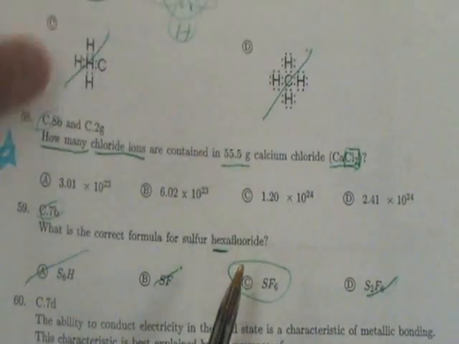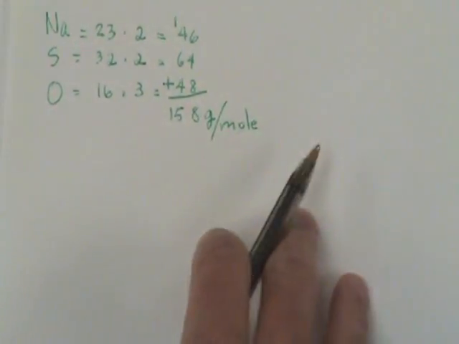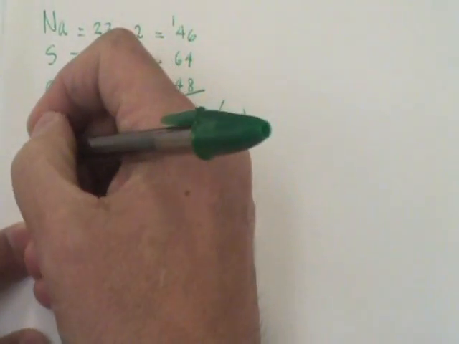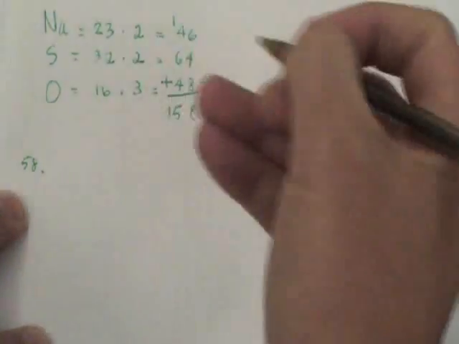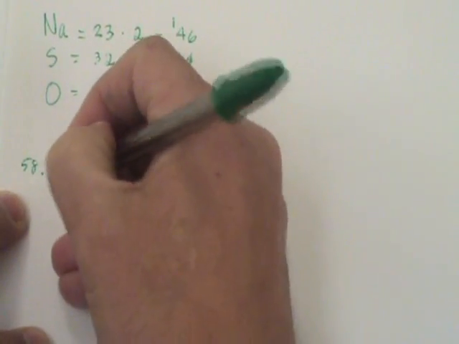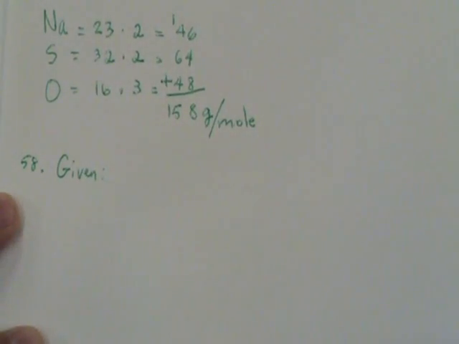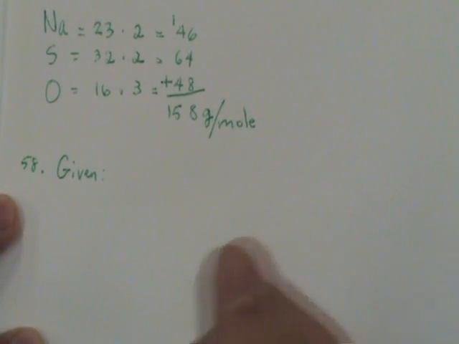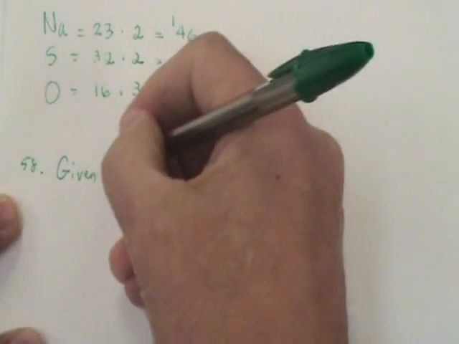Let's look here, we're looking at number 58. I'm going to write down what's given. It's important when you're working on a problem like this to use your scratch paper and write everything down so you can see what you're working with.